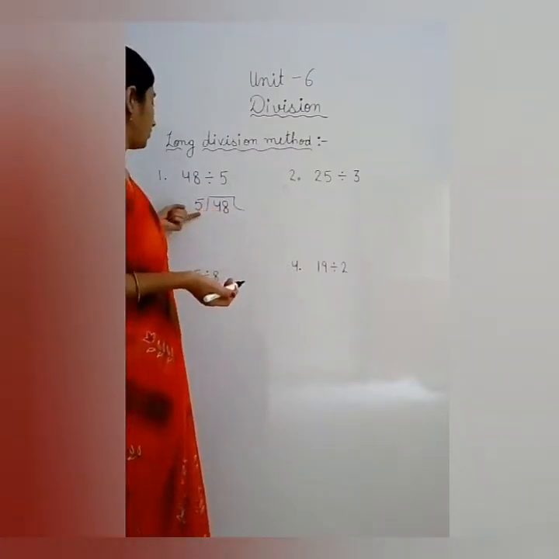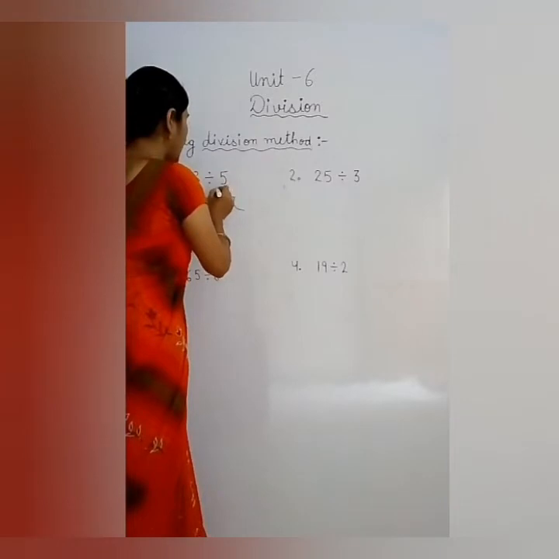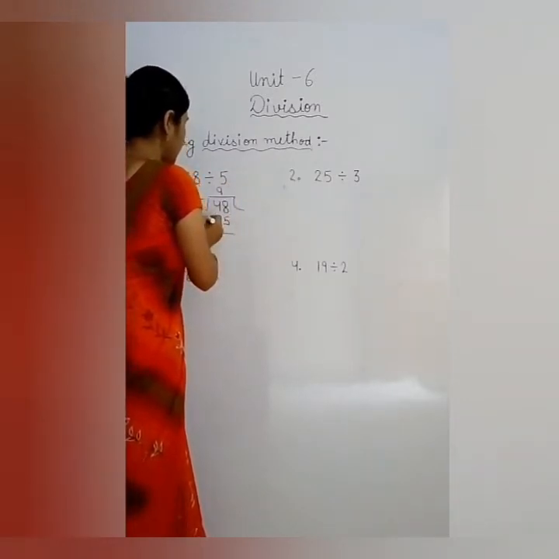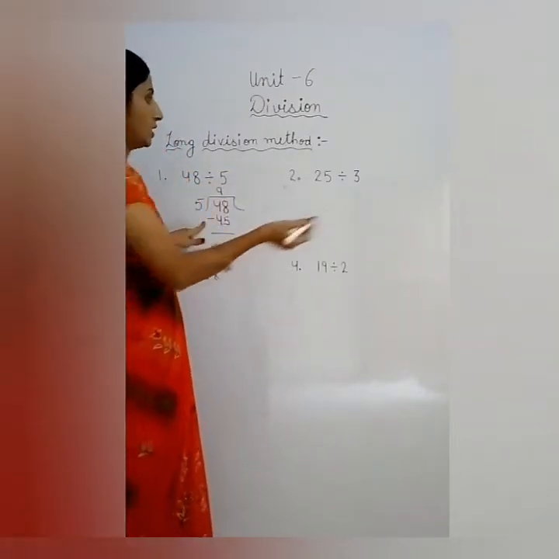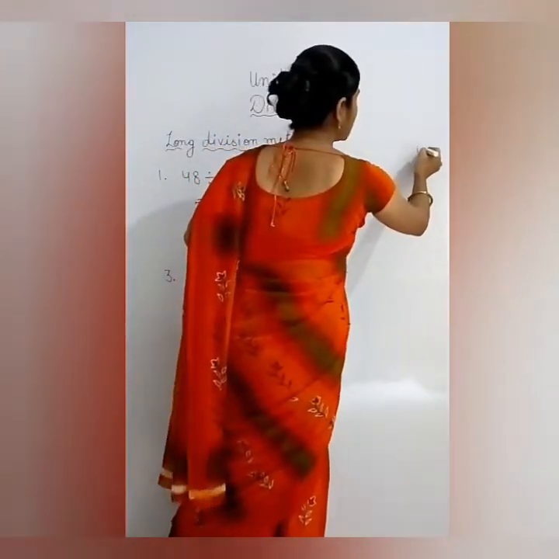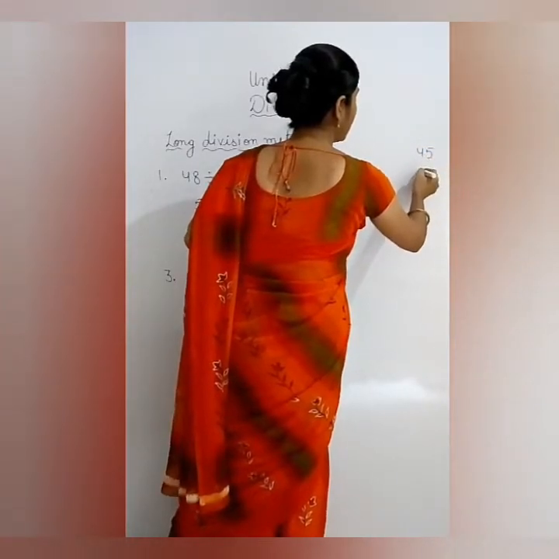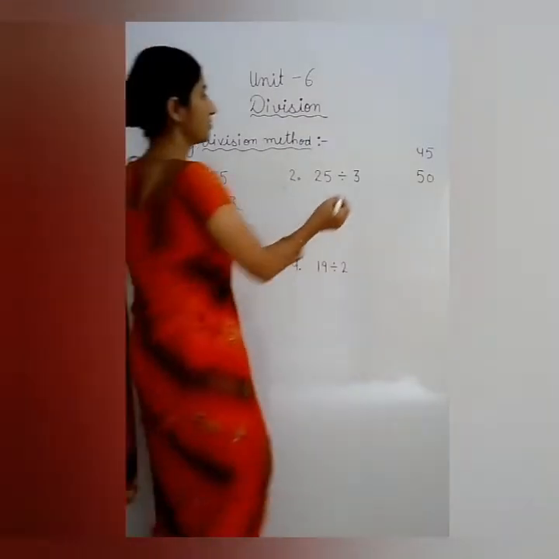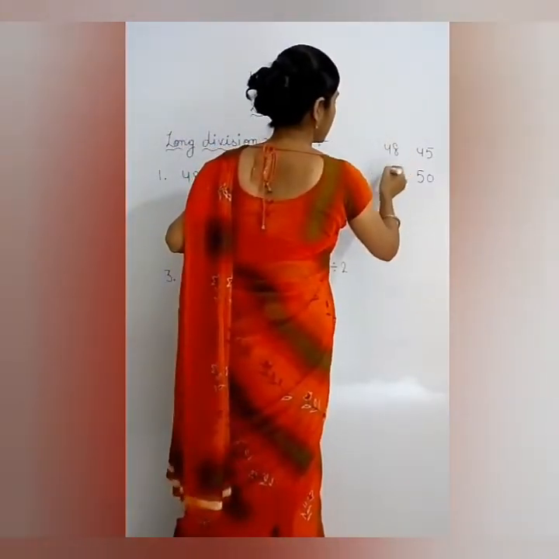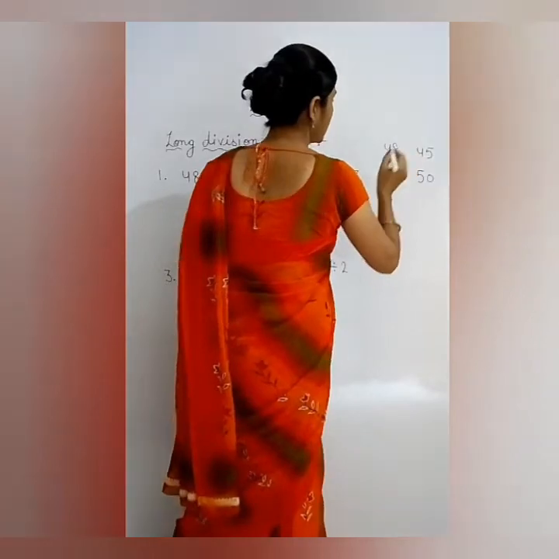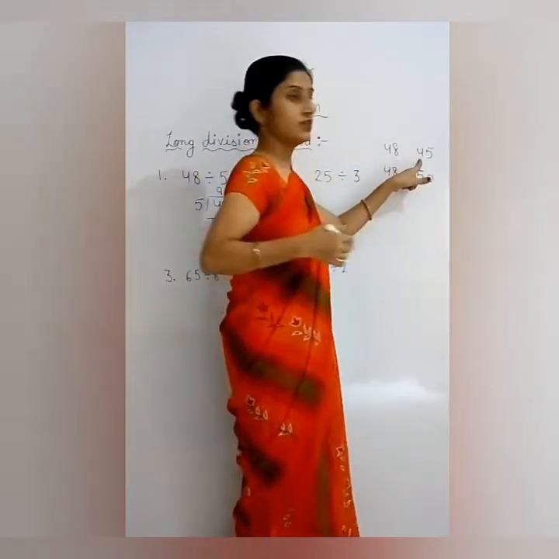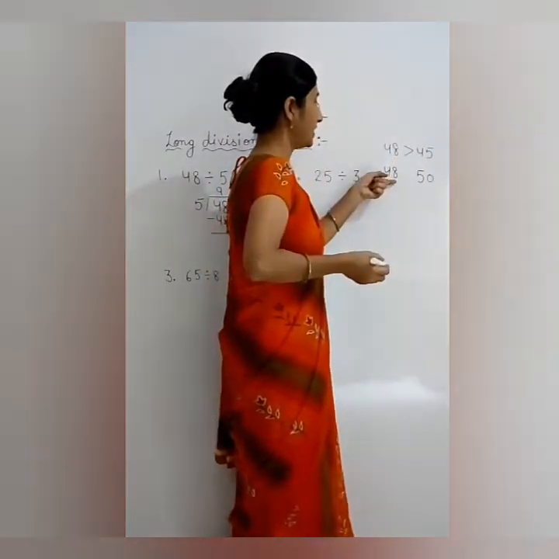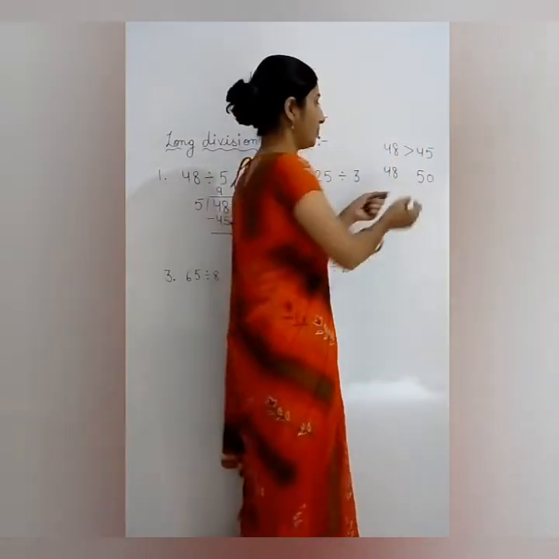So in the table of 5, 5 9s are 45. Subtraction sign. Look here. 5 9s are 45 and 5 10s are 50. And our dividend is 48. Here we also write 48. So 48 and 45, which one is greater? 48. 48 and 50, which one is greater? 50.